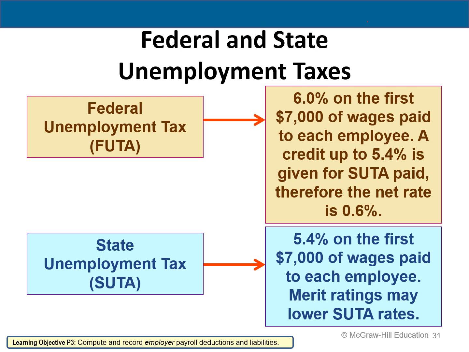It's 6% of the first $7,000 of wages paid to each employee for federal, and then a credit of up to 5.4% is given for the SUTA paid, so the net rate's basically 0.6%. And then state unemployment is 5.4% of the first $7,000 of wages paid to each employee. So that's the scoop with the unemployment taxes.